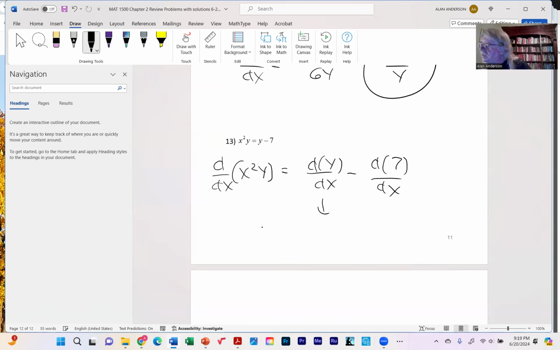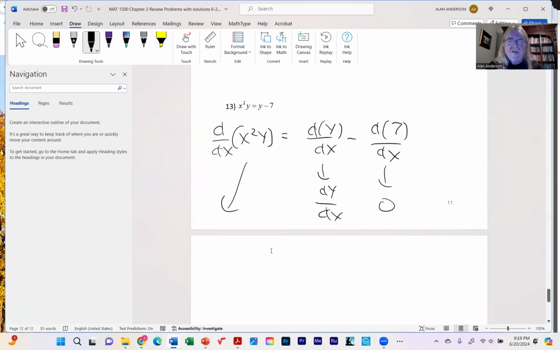And so this just becomes dy/dx. This is just 0. This is the one that's going to be a lot of fun. So here's what we have to do. We're going to apply the product rule here.